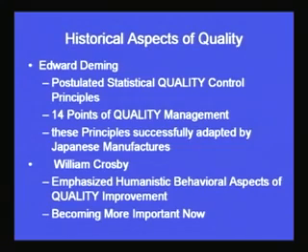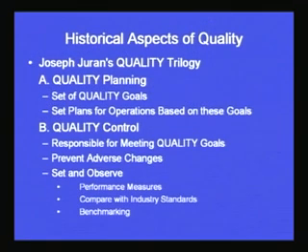The focus is still on manufacturing as well as on the processes, but it is also now on the humanistic behavior, and William Crosby has emphasized that quality can be improved if the humanistic behavioral aspects are improved. This is becoming more important now. Initially the focus was process, now the focus is process plus a large number of other factors associated with the process. Another thing in the historical aspects is Joseph Juran's quality trilogy.